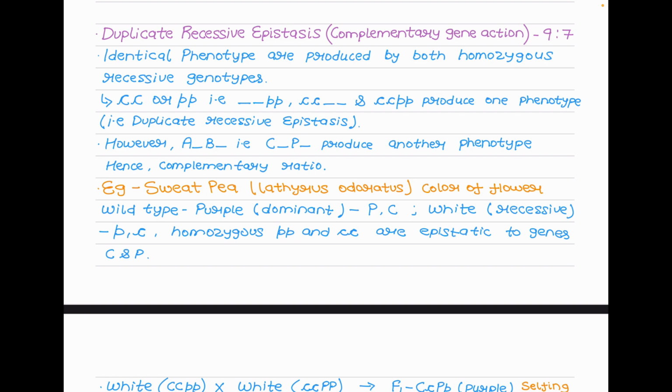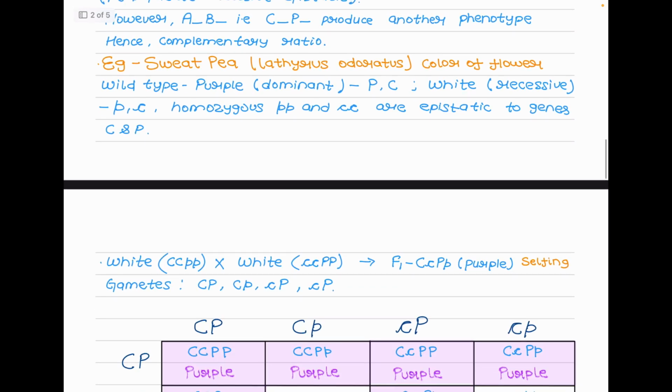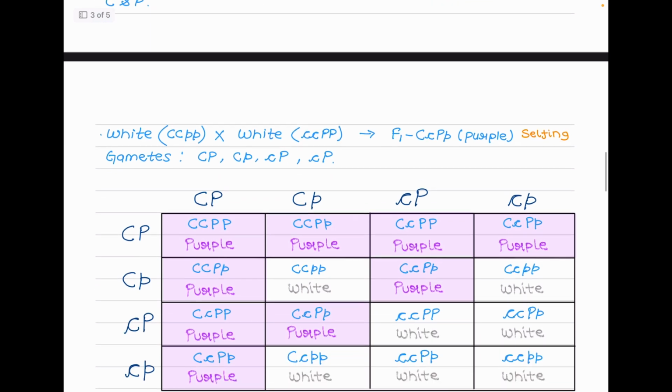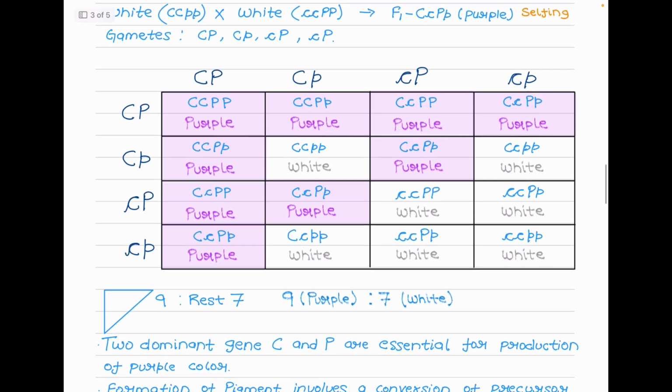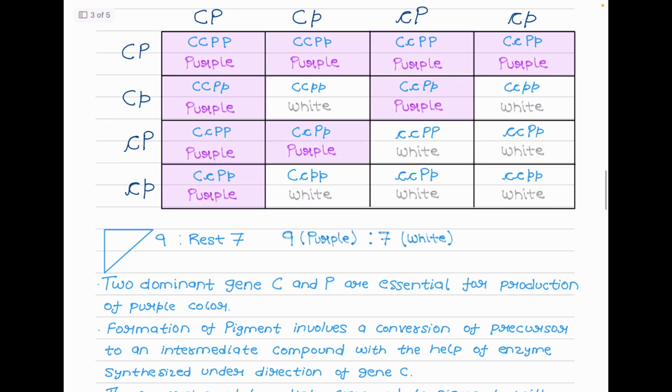But if either gene is homozygous recessive, that is small c or small p, the pathway is blocked and the flower stays white. So the modified ratio becomes 9:7, with 9 purple and 7 white.